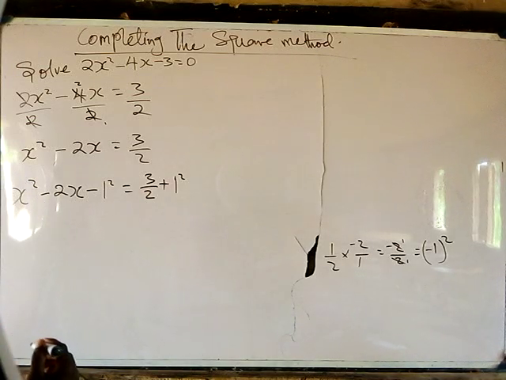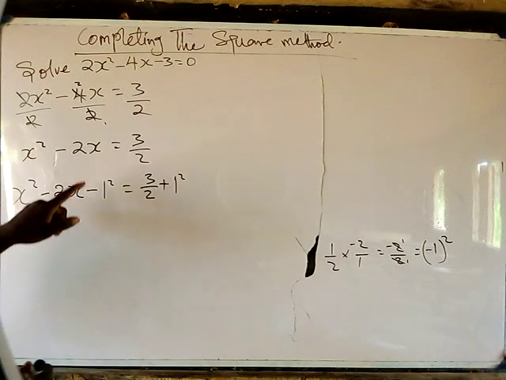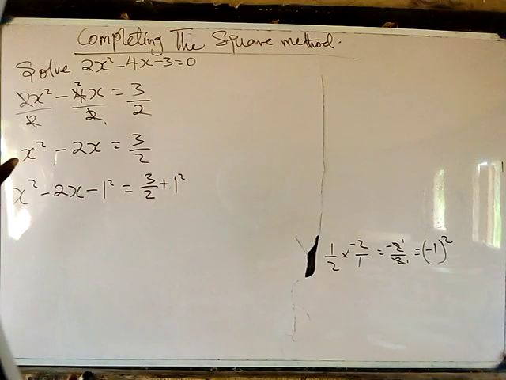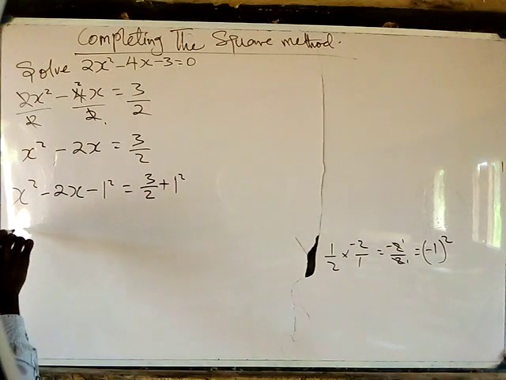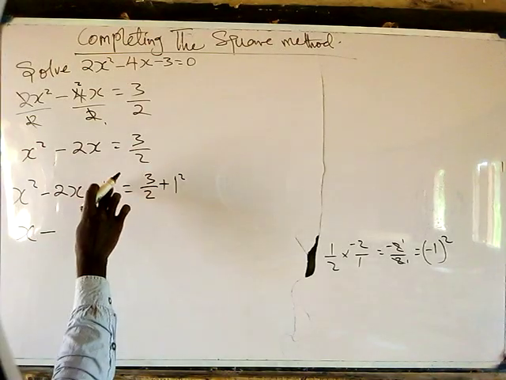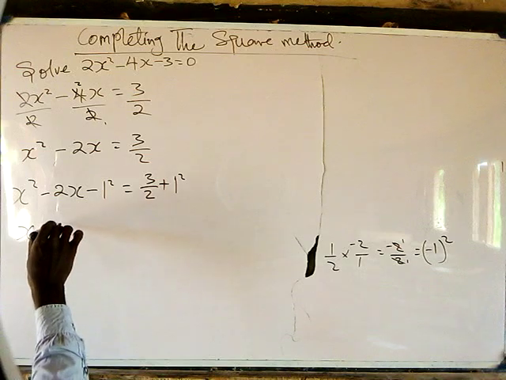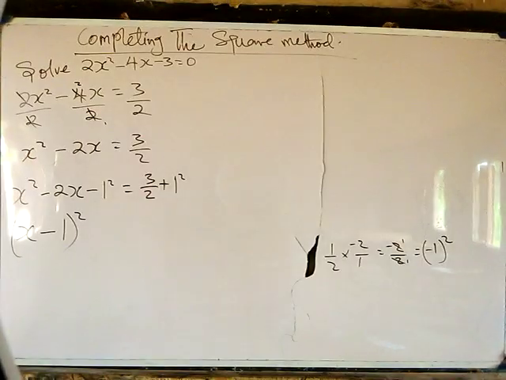Okay, now this is how to go further. I am going to add the squares together. The one that does not have square, I will let it go. That is on the left hand side. So on the left hand side, add the squares together. Now x half square, isn't it? Minus 1 square. So I'll put them in brackets, all square.